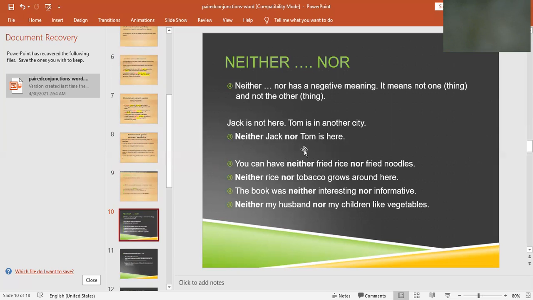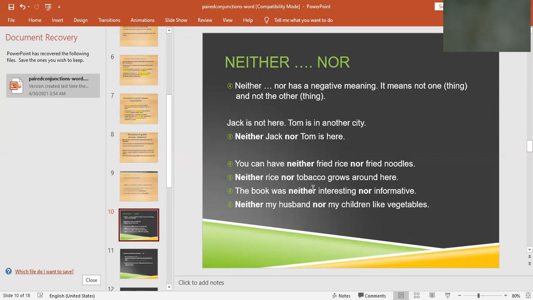So you can have neither fried rice nor fried noodles. Now here you have neither in the middle of the sentence. Neither fried rice, phrase, adjective and noun after neither, nor fried noodles, adjective and noun after nor.